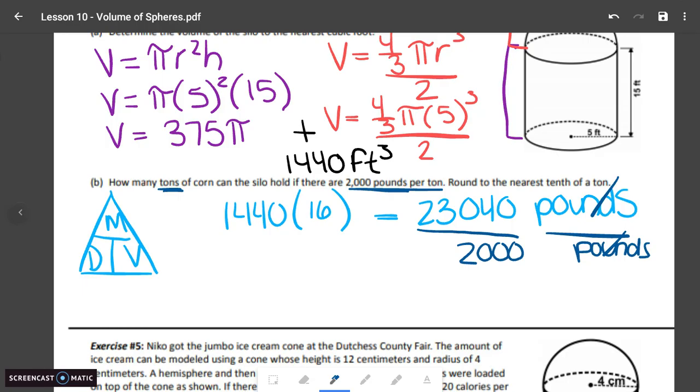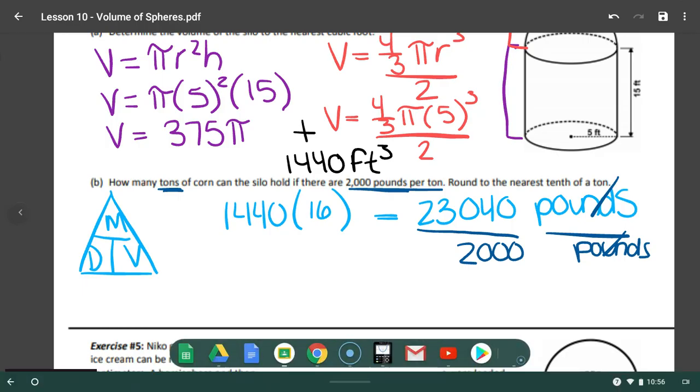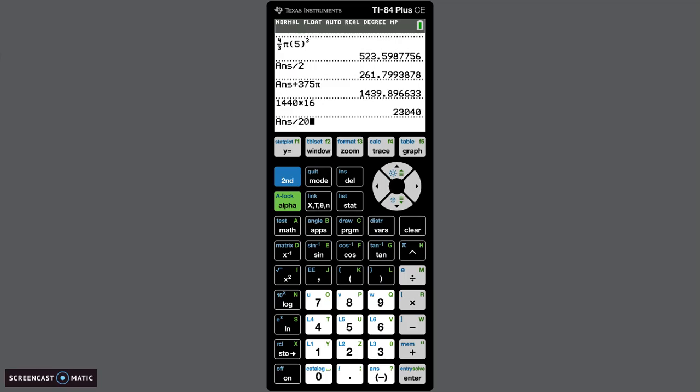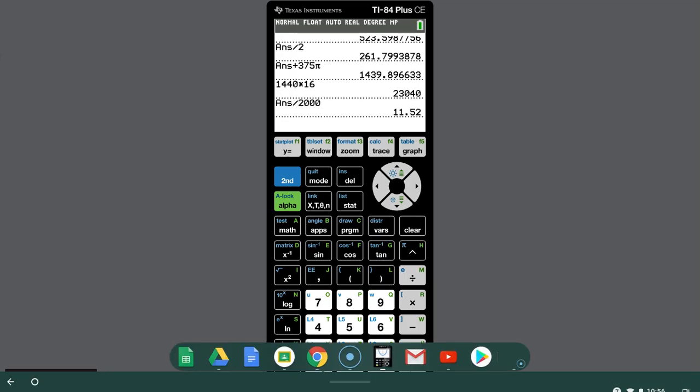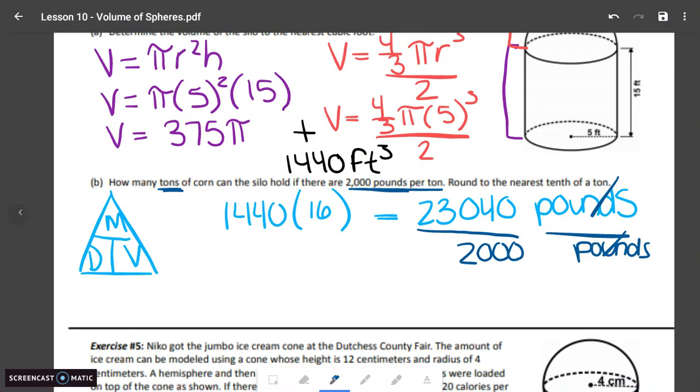And then I would end up with my answer in tons. So we'll take this number, divide it by 2,000, and we get 11.52, which we want to round to the nearest tenth, so 11.5 tons.